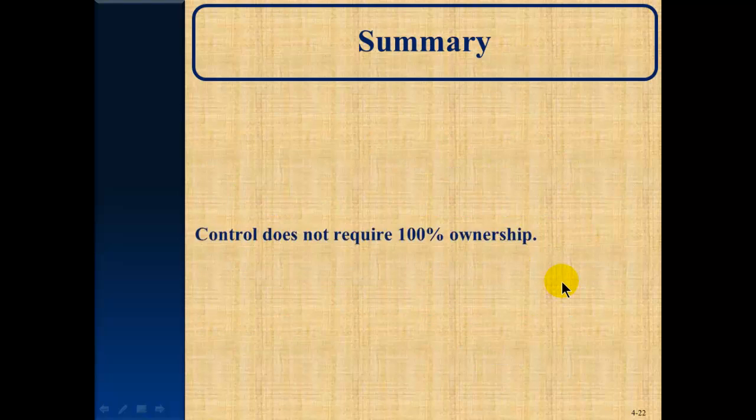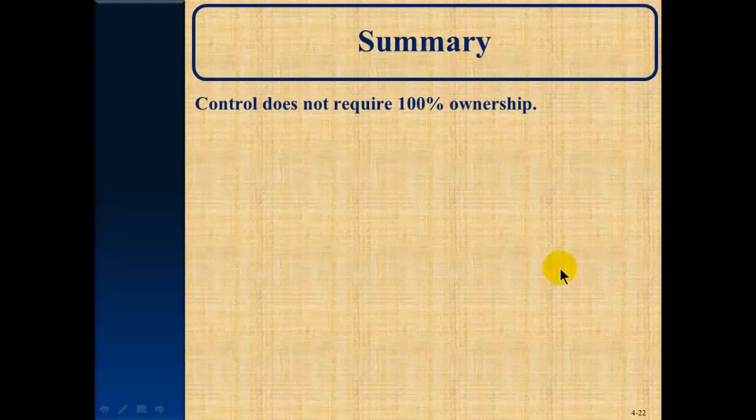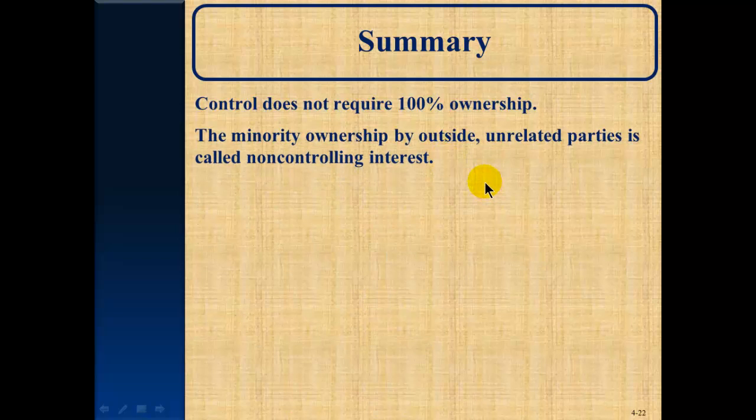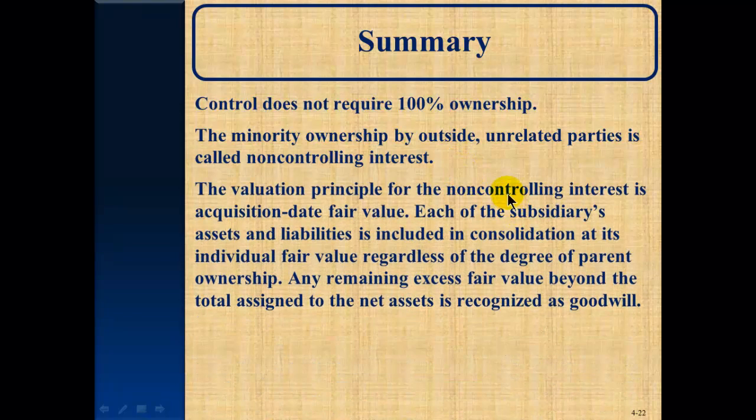In summary, control does not require 100% ownership. Remember, to have control over a subsidiary just means you have somewhere above 50% of the voting stock, and you don't have to be at 100. So we're talking about that range between 50 and 100. And what do you do with that NCI? The minority interest, ownership interest by outside unrelated parties, is called non-controlling interest, NCI. You'll hear that a lot.